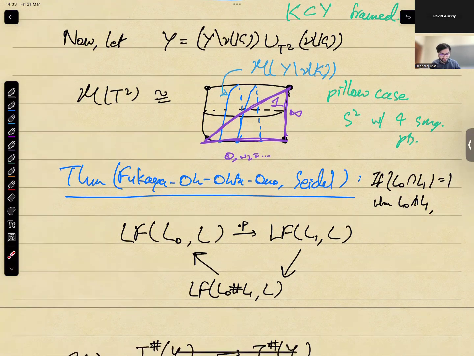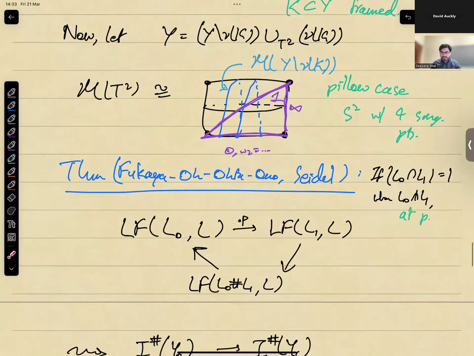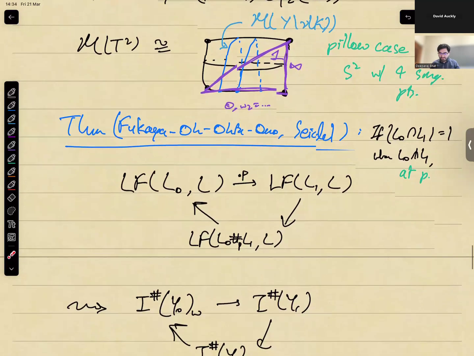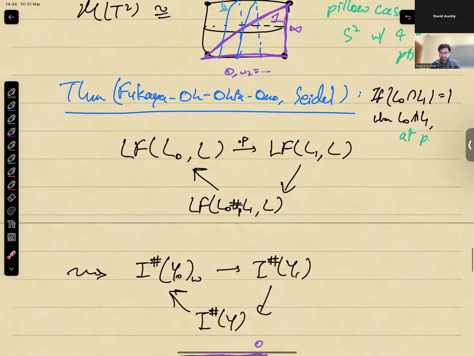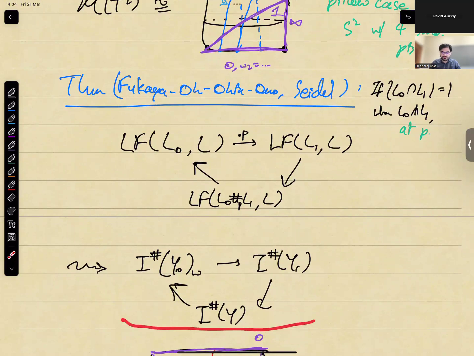Let me call that point P. Then given any other Lagrangian L, you can form these Floer groups, where this is the connect sum at P, and these fit in an exact triangle, and you have some information about what this map is as well. And for instance, Floer's triangle immediately follows from this situation, from this figure.